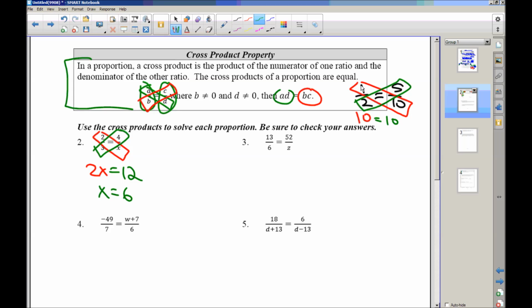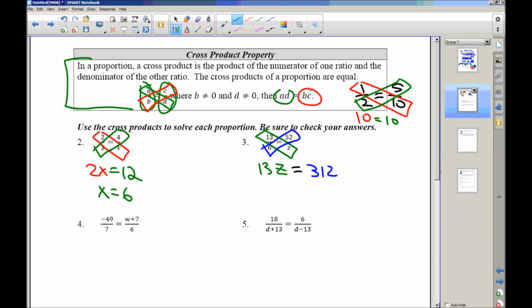Once again, you can do your check mentally, but you should really do a check. Okay? All right, so number 3, 13 times z is our first cross product. And our second cross product is 6 times 52. And 6 times 52 is 312. Okay, these are equal to each other, so then we could solve our one-step equation.